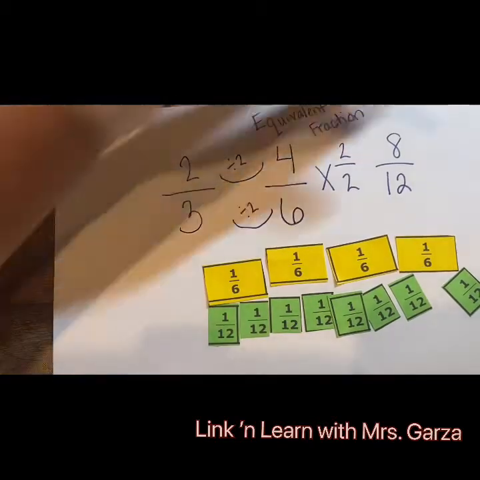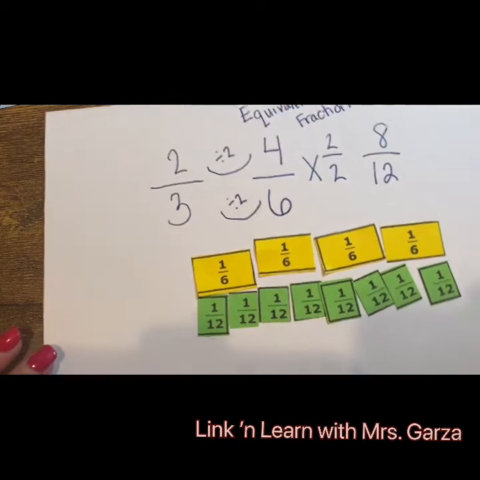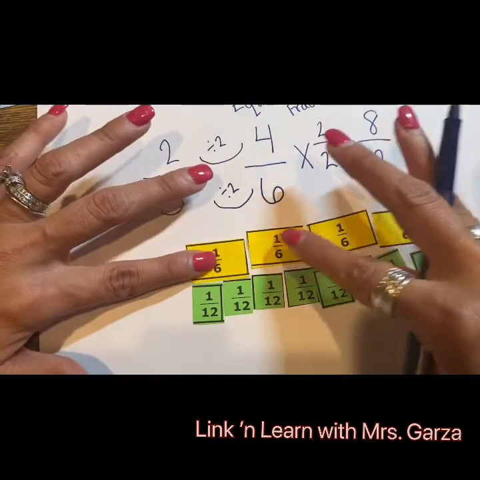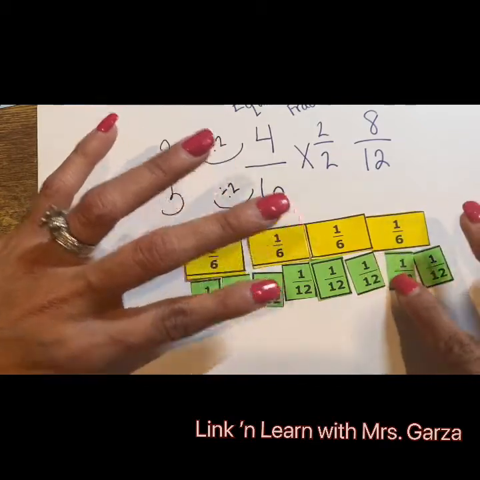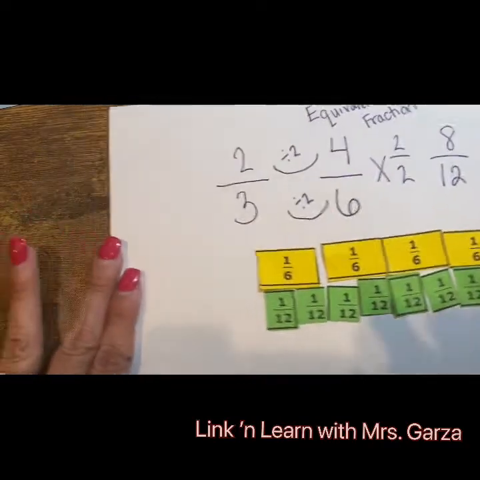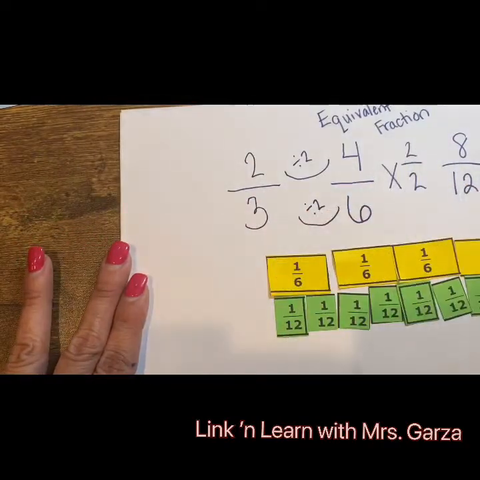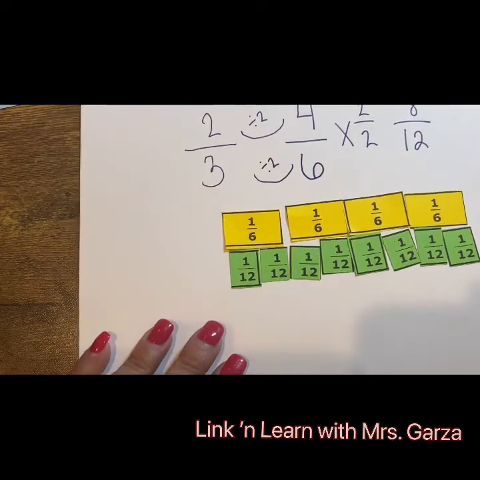Alrighty, so let's check, and I actually already had this pre-cut too, to see if it does match up. We've already proved that 4/6 is equivalent to 8/12 using the multiplication method and our fraction strips. Now let's see if, since we divided to get the simplified fraction, it does the same thing with the fraction strips.